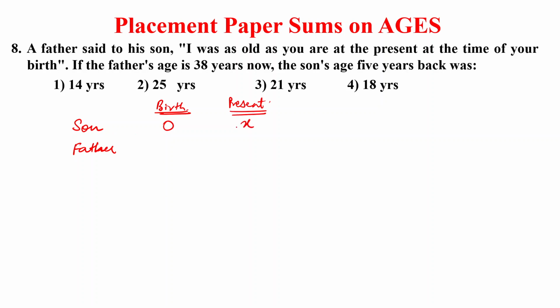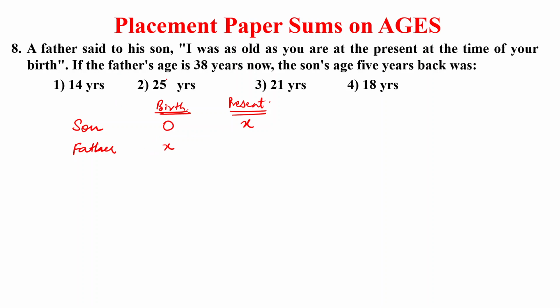What the father is telling, I was as old as you are at present. Present age of son is x. So at the time of your birth, I was of that age. That means this is x, right? When you were 0 years old, when you were born, I was of the age that you are now. So if you are now x, I was x at that time.